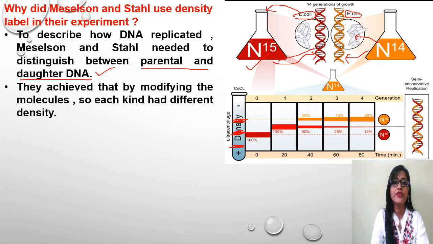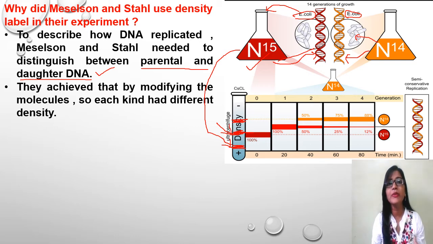So when this culture was ultracentrifuged, as N15 is heavier, it will form the band at the base of the centrifuge tube. If the bacterial cells contain both N15 and N14 isotopes, then they will form the band at this position as they are hybrid.